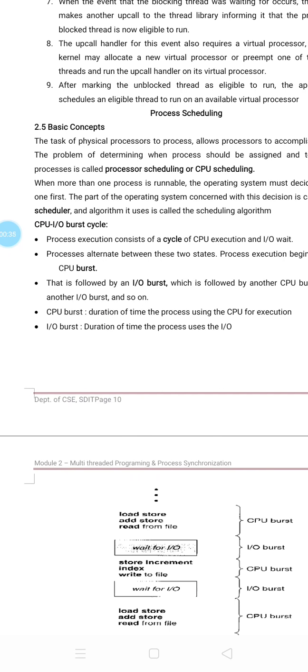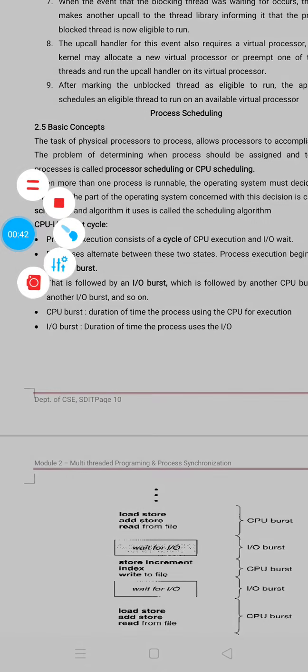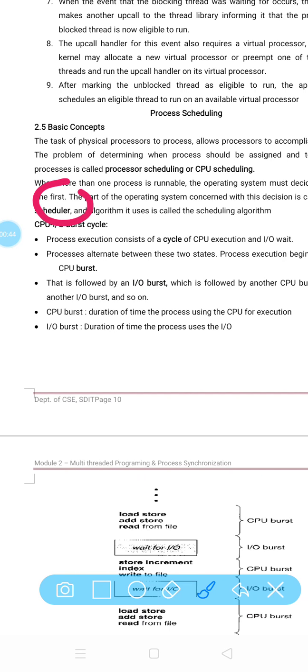Out of these n processes, which process you have to take and give to the CPU, that decision is made by the scheduler. So the process of giving the control of CPU to the process is called CPU scheduling.